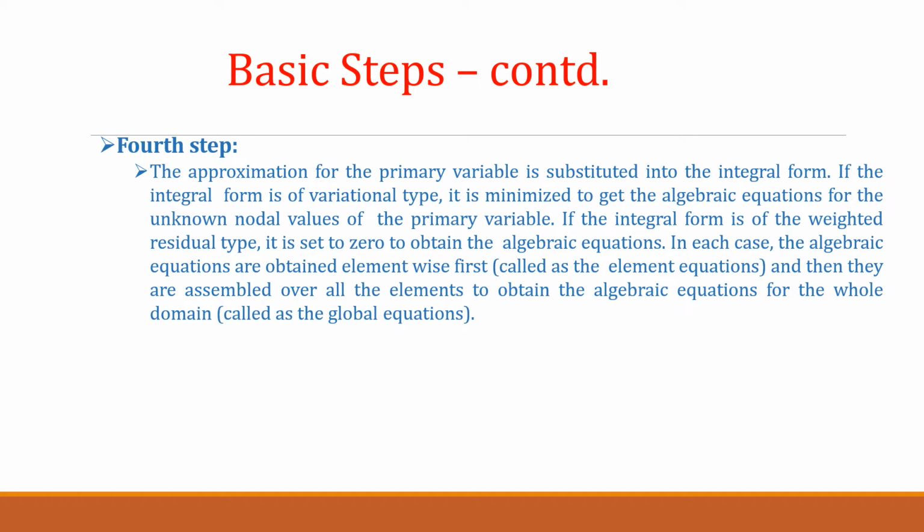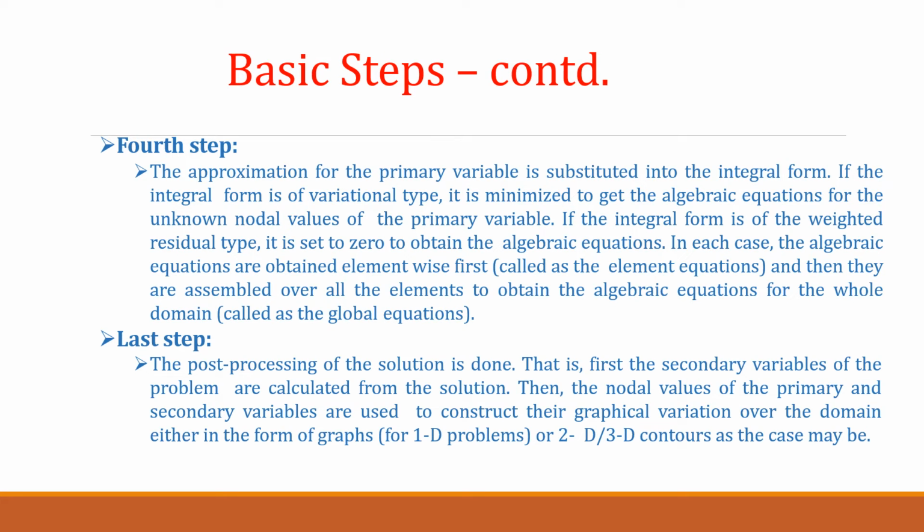If the integral form is of the weighted residual type, it is set to 0 to obtain the algebraic equation. In each case, the algebraic equations are obtained element wise and then assembled over the elements to get the algebraic equation for the whole domain, which is the global equation. The equations obtained element wise are called elemental equations.